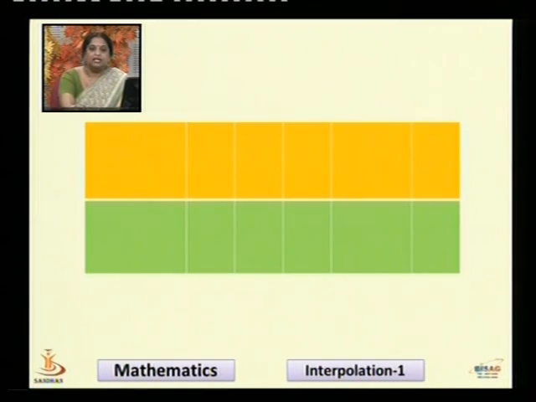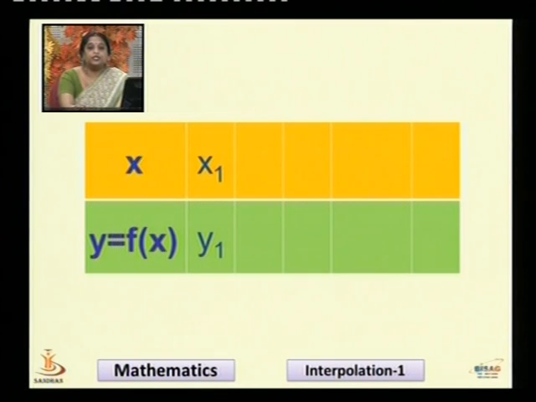Let us have a look at this in a tabular form. x is the independent variable and we said y is a dependent variable that is related through a function f(x). Now when we tabulate these values, for the value x1 of the independent variable, we will have a corresponding value y1, which is obtained by substituting the value of x1 into the function f(x).